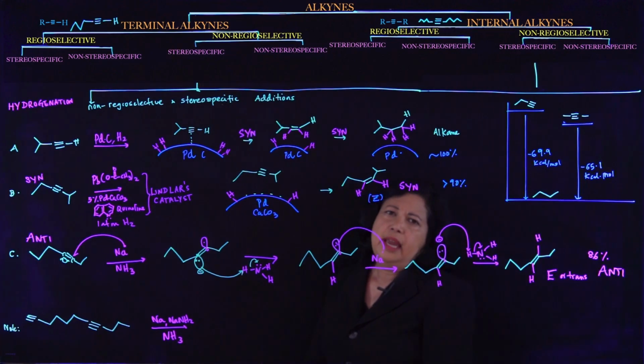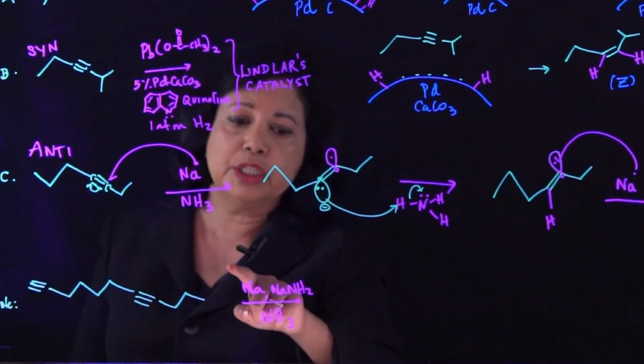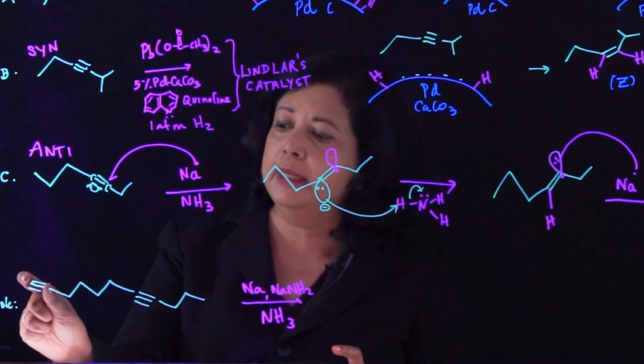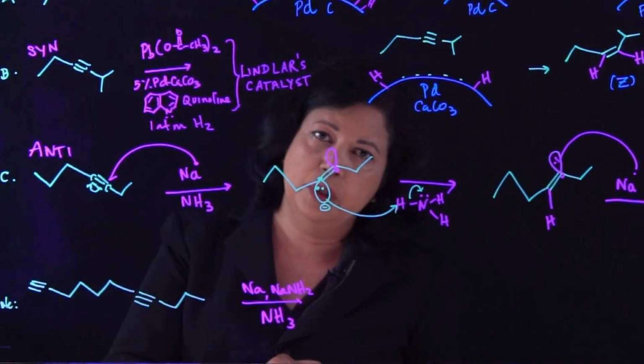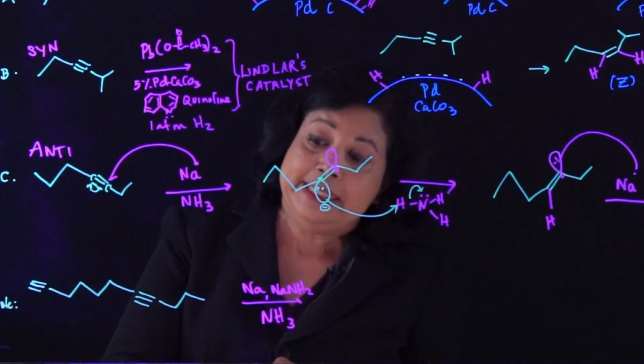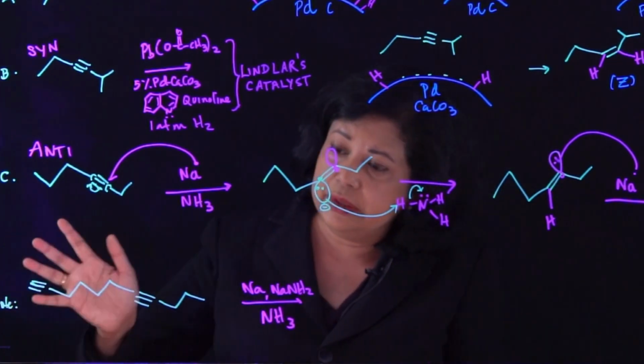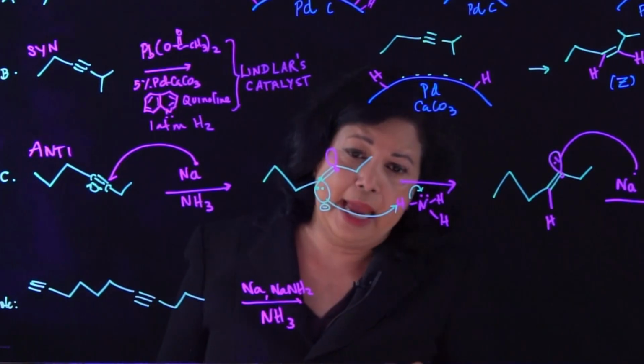Now, is there absolutely no regioselectivity in this reaction? Let's say I added sodium amide and ammonia to this. Here we have a terminal alkyne and an internal alkyne. Which one do you think is going to react preferentially? We might think it goes to the terminal because that's less sterically hindered, but that's really not what happens here.